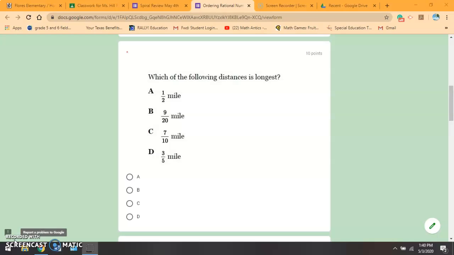So what you're going to do with this one is you're going to T-bow each and every last one of these. Use your calculator and T-bow. Top number in, bottom number out. Top number in, bottom number out for each and every one of these, and figure out which one is longer. So when you get your decimal, you figure out which one is longer. Okay, so don't just look at it for what it is and just pick B, because it may not be B.